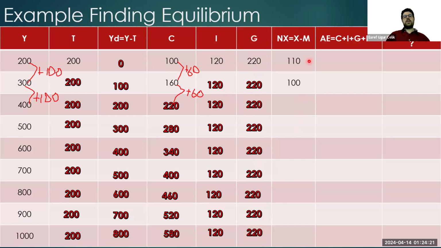And the net export part. Again, the same logic as the consumption. When total income increases by 100, what is the difference there? Minus 10.